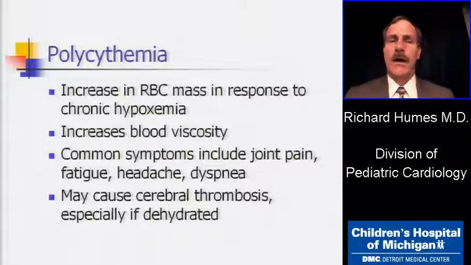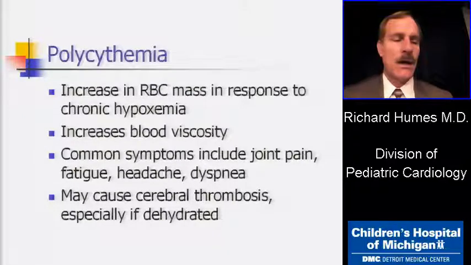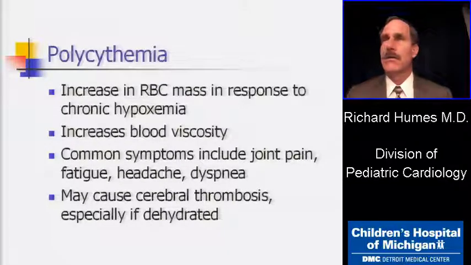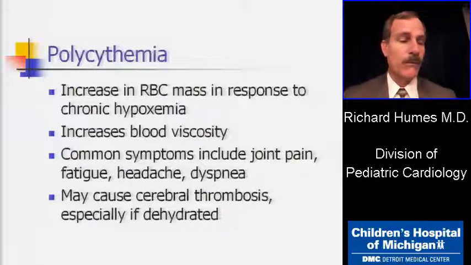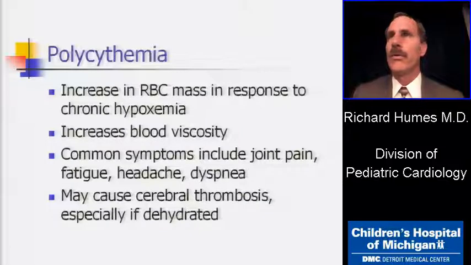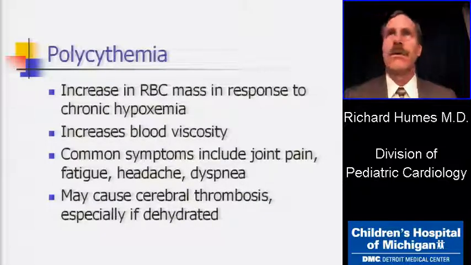Common symptoms are a general feeling of malaise in addition to joint pain, fatigue, headache, and dyspnea. And again, some of these questions occasionally come up on the boards. They may have an increased risk of cerebral thrombosis, particularly if they become dehydrated, so they need to keep their fluids up at all times.